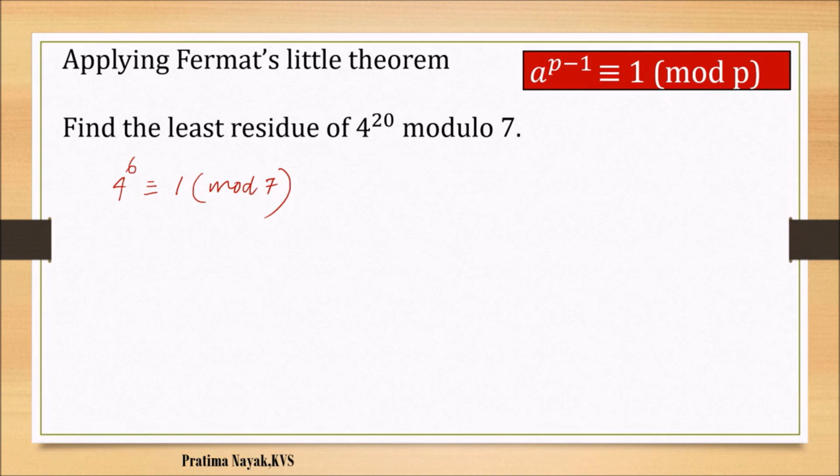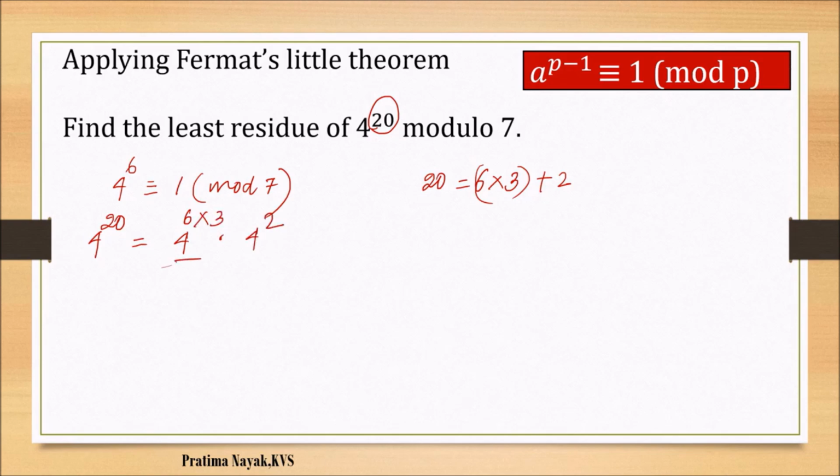Now coming to 20, we have to express it in terms of 6. So 20 can be written as 6 multiplied by 3 plus 2, that is 18 plus 2. So 4 to the power 20 can be written as 4 to the power 6 into 3, times 4 to the power 2.